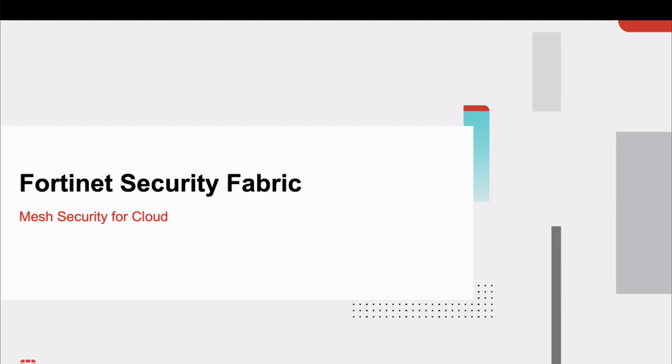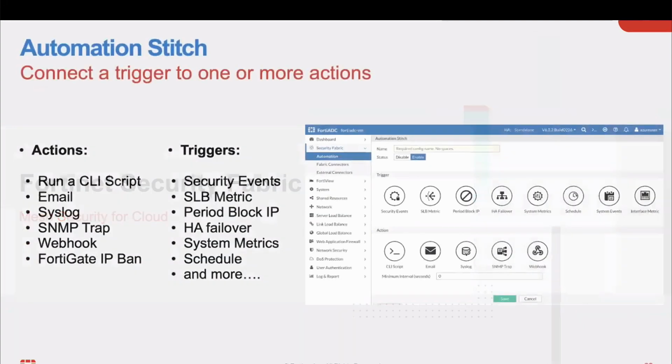How would you actually protect those applications? So here we are focusing on and demonstrating FortiADC, which is our application delivery controller, an advanced application delivery controller. For this demo, I picked two features which I would like to demonstrate: the agility and the dynamic feature.